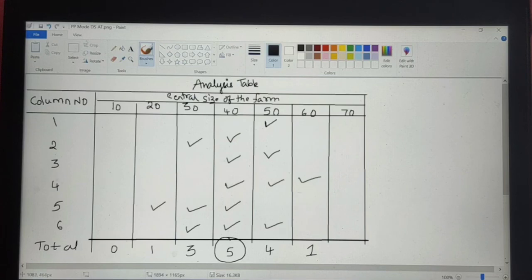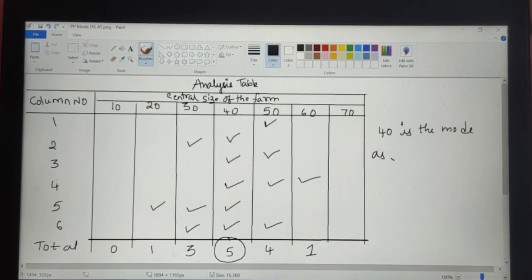So directly you can write a statement stating that 40 is the mode as it occurred maximum number of times.